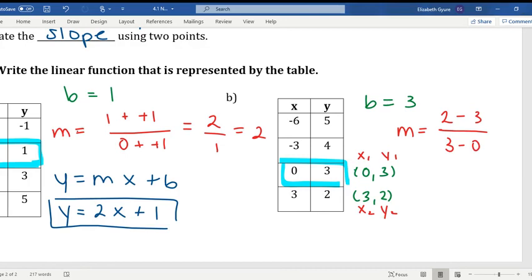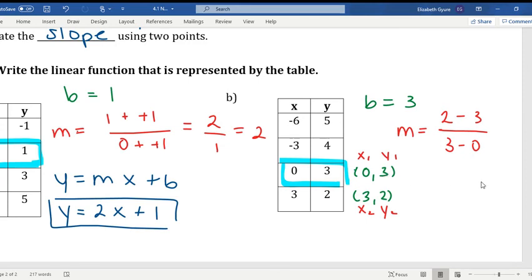Do you see where we got 0, 3 from? Okay, so your formula, you have to do y's on top. So that's where I got 2 minus 3 from, because you do y2 minus y1.